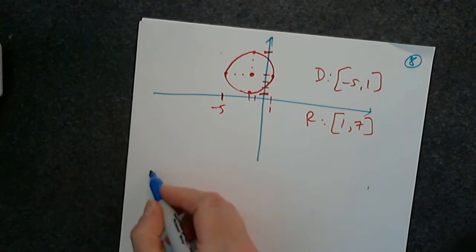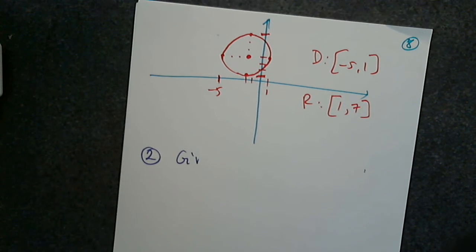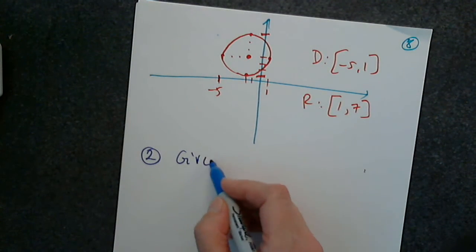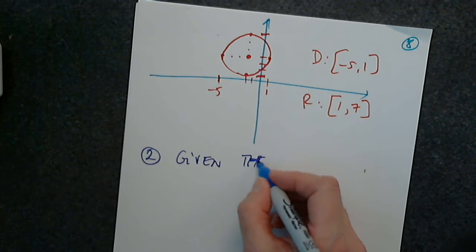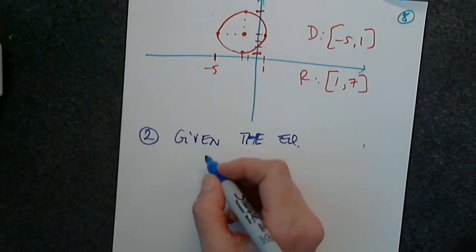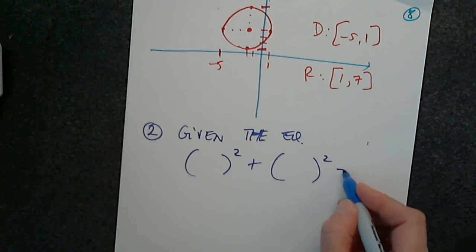Here's now the second possible question. Here's number 2. Given the equation, any questions? Give me an equation. Any equation you want, of a circle, of course.